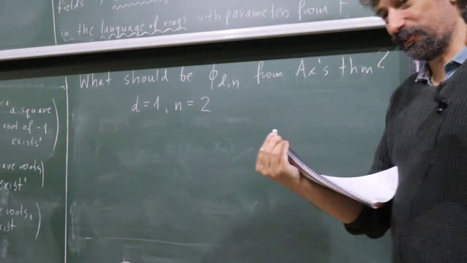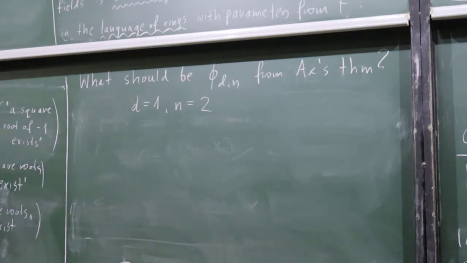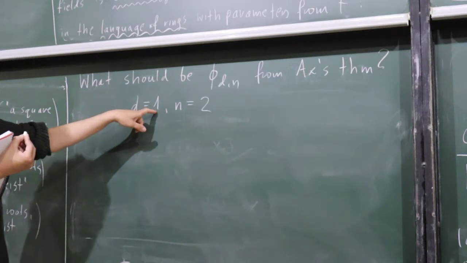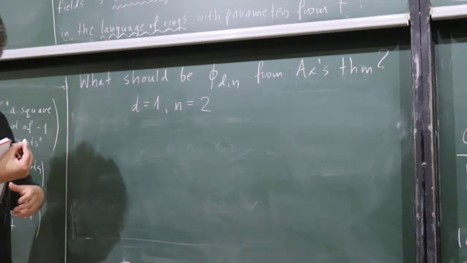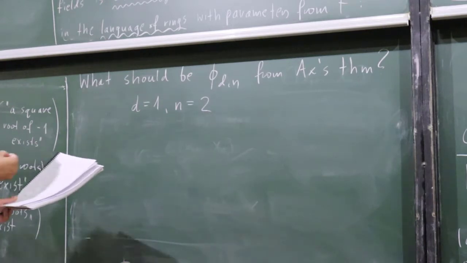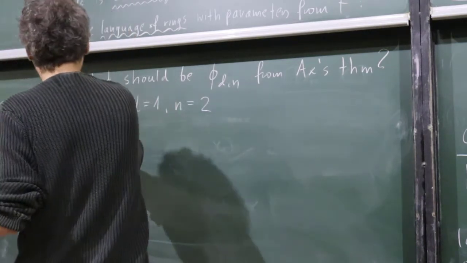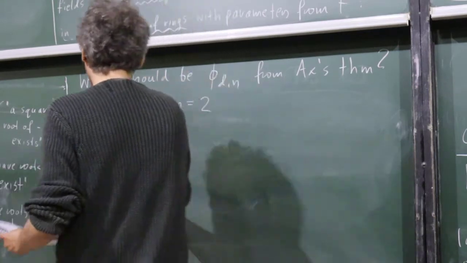It should be a string of symbols expressing the situation that a linear function, of degree at most 1, of 2 variables, if it's 1-to-1, then it is onto. So first we have to quantify all the possible coefficients.